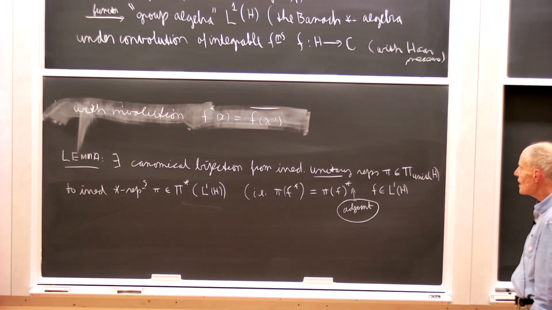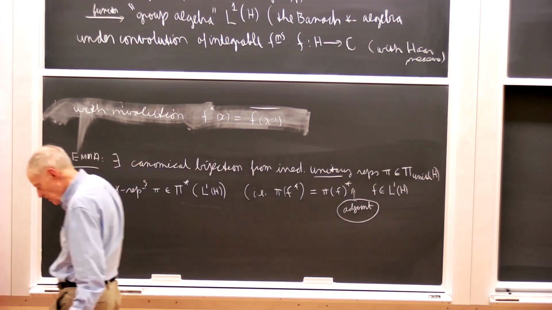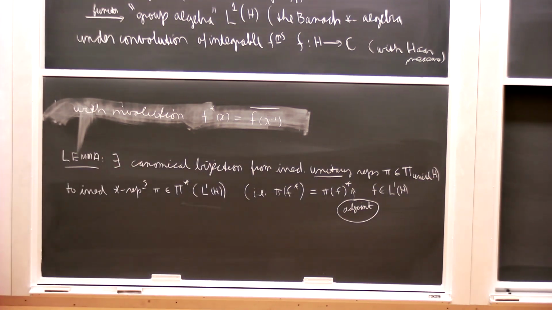I'm not sure that we can quite state it in those terms. We have to have it as a representation. No, the analog of unitary is a star representation. That's the analog of unitary.